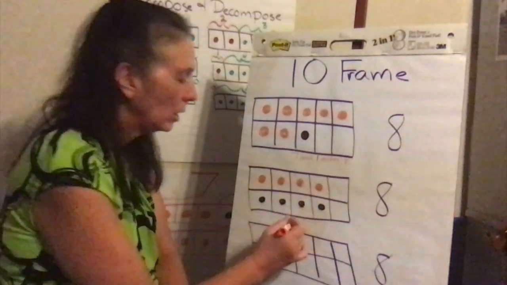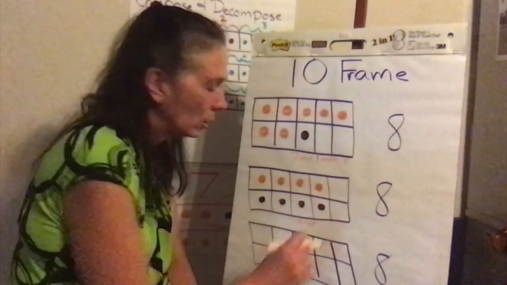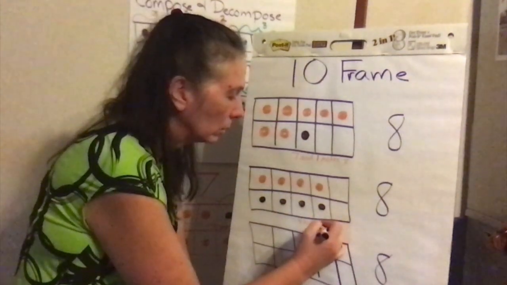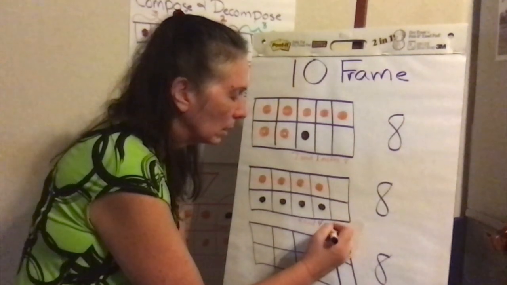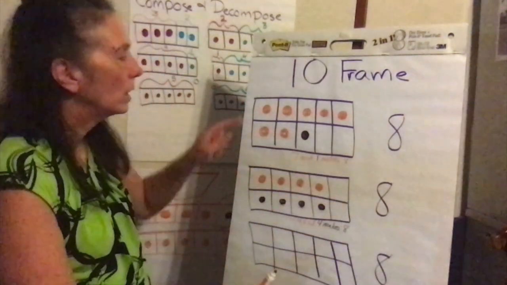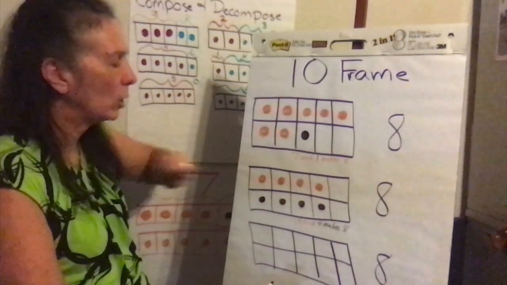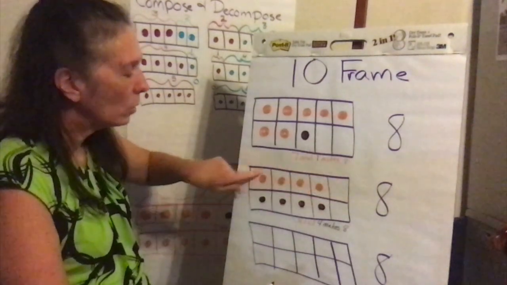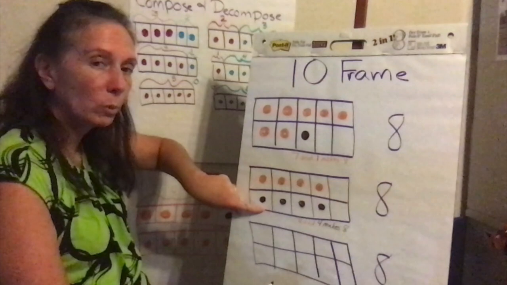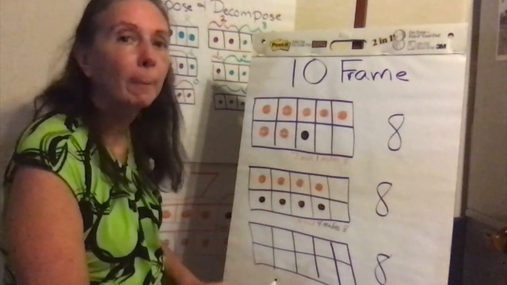So I would write down here 4 and 4 brown make 8. So you can see I kept all of my oranges together so I could subitize that very quickly. I also organized this in a way where all my oranges were together, all my browns were together, I could subitize it very quickly on my tens frame.